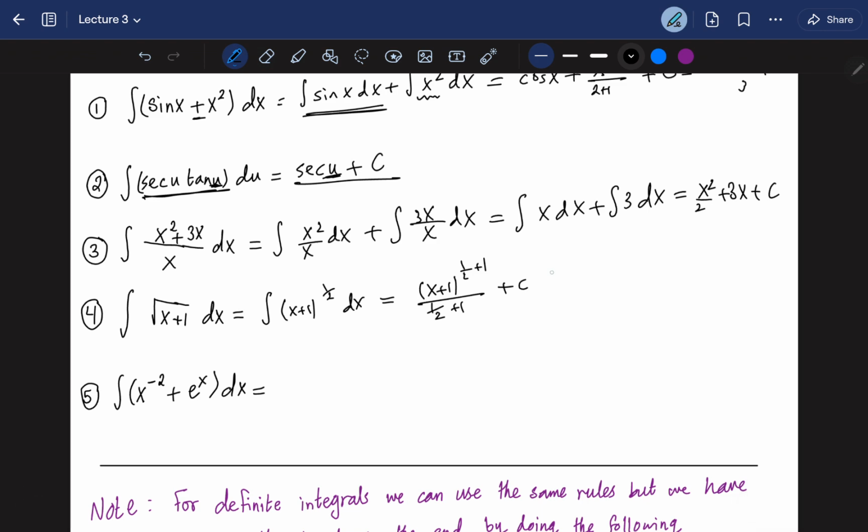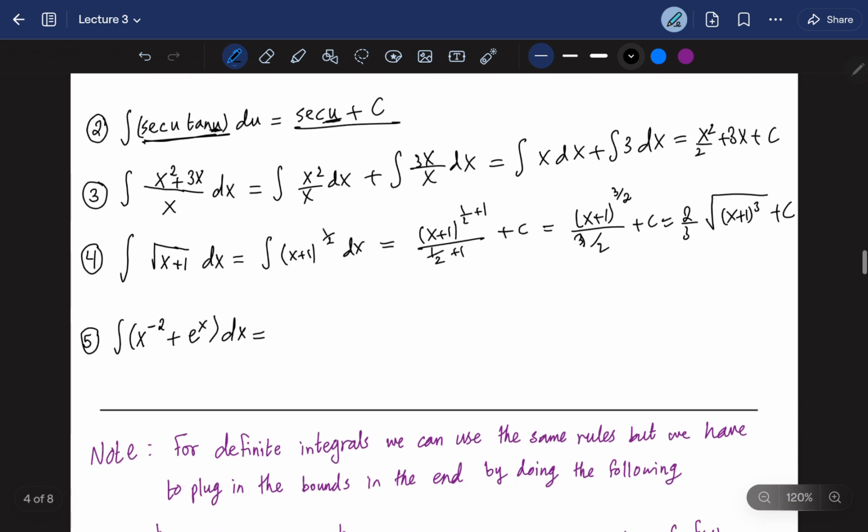If you add 1/2 to 1, this is just 3 over 2, divided by 3 over 2. And you can simplify it into 2 over 3, the square root of x plus 1 cubed plus c.